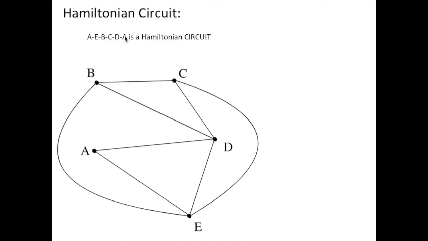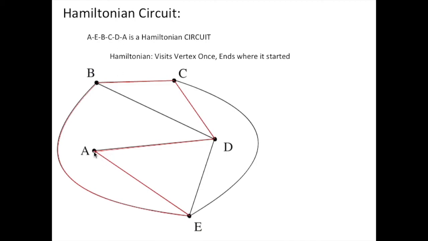For example, let's have a look at A to E, and then E to B, and then B to C, and C to D, and D to A. So we've begun and we've ended on the A. We didn't go through the A twice.